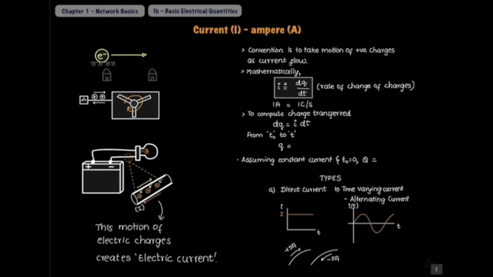In this condition, the positive charge travels in one direction and the negative charge travels in the opposite direction. So this motion of electric charges creates something called electric current. The convention followed is to take the current flow as the motion of positive charges. But actually speaking, current flowing in a conductor is due to the movement of negatively charged electrons. Anyways, let's stick to the convention.